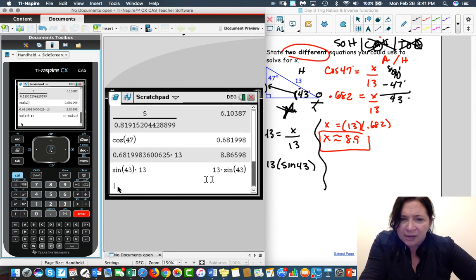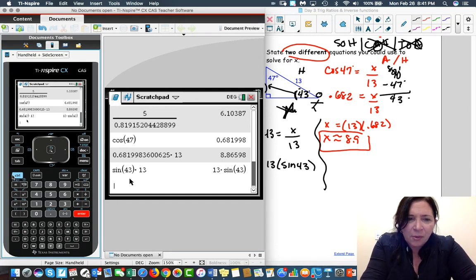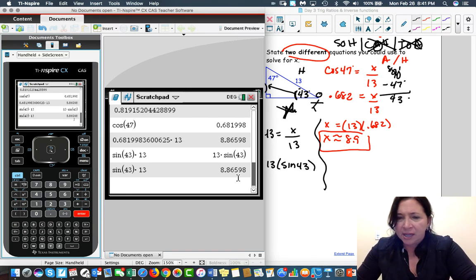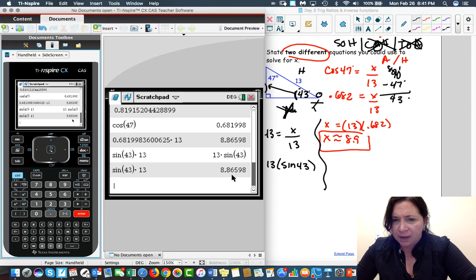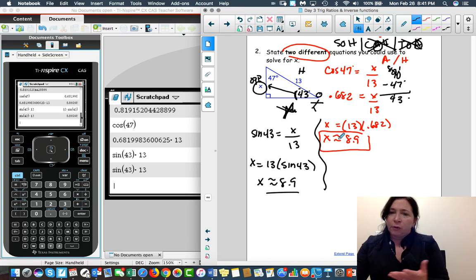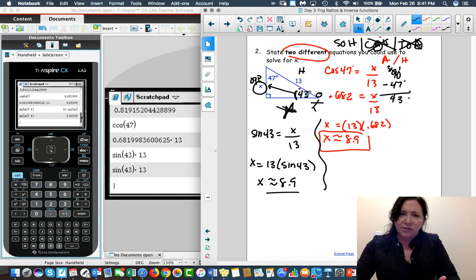If I just hit enter, I get the same thing. But if I want an approximate answer, I'm going to hit Control Enter, and that's going to give me my approximate answer, which is 8.86, which if I round up is going to be 8.9. So X is about 8.9 again. And of course, you should get the same answer. This is just giving you two different ways of finding the same answer.